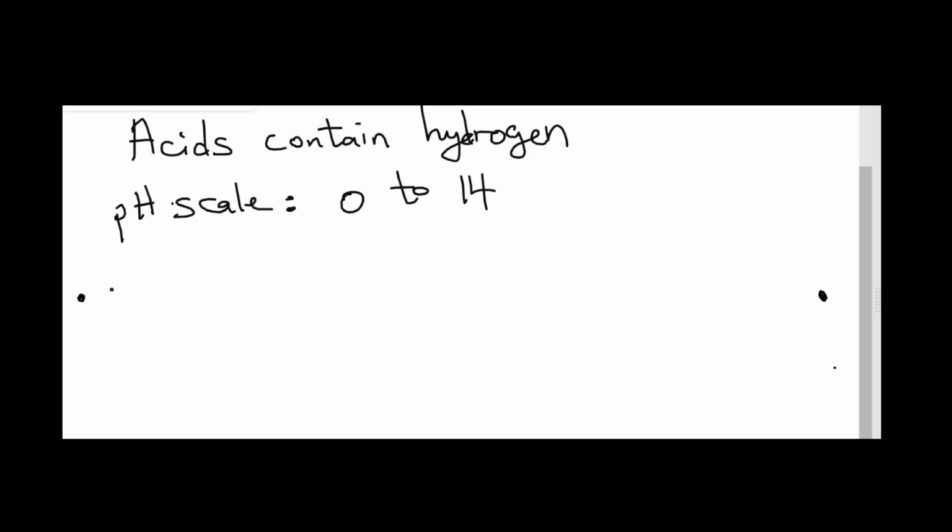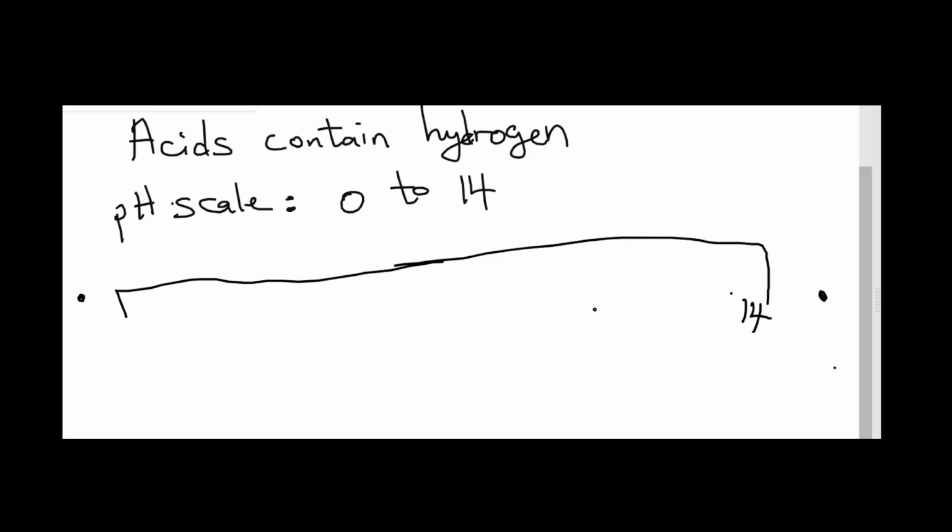So looks something like that. We have 14 there, starts from 0. So in case you are asked to draw a pH scale, it must always stop at 14. Even if you're going to start from 1, fine, but it must stop at 14.